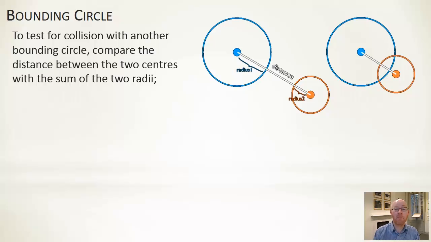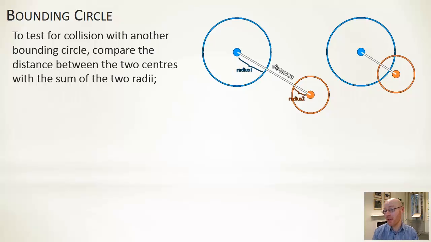And what we want to compare it against is the sum of the radii. So each circle will have a centre point and will have a radius. And if we add the 2 radii together, so add radius 1 with radius 2, that enables us, comparing it to the distance that the centres are apart, to work out if they're in collision.